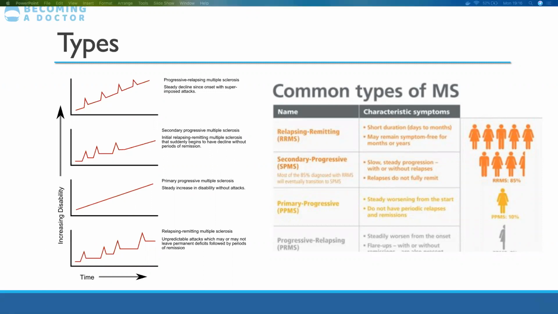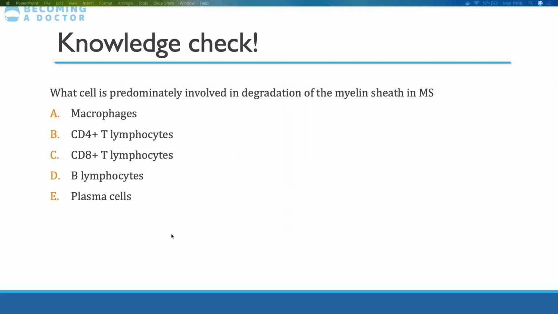Okay, so here's another question. Which of these cells are predominantly involved in the degradation of the myelin sheath in MS?